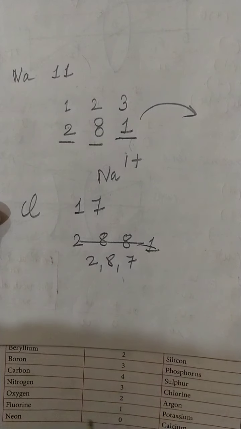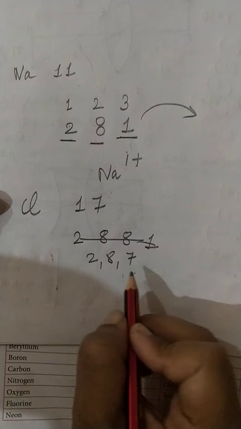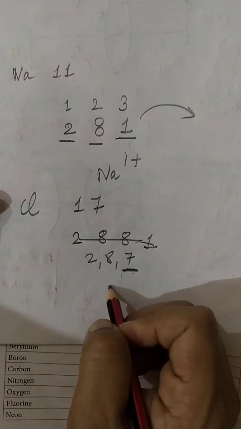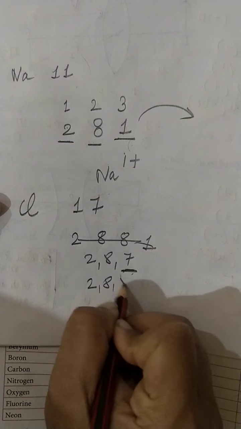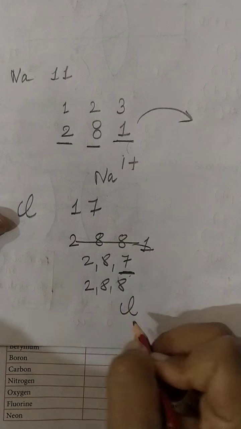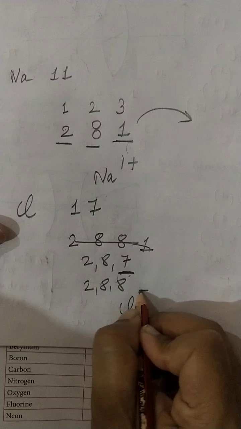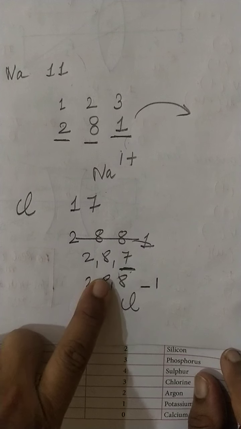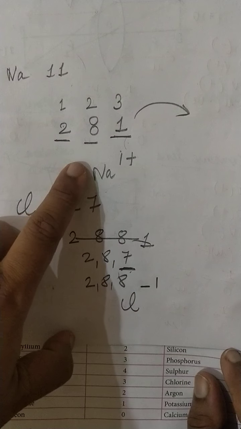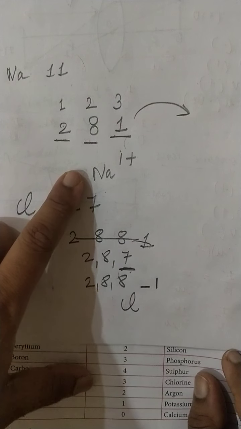So it needs one electron to complete its shell. So it takes one electron from sodium, so it becomes 8. Now it is accepting one electron, so its charge is -1. So its valency is -1, and sodium's valency is 1 positive.